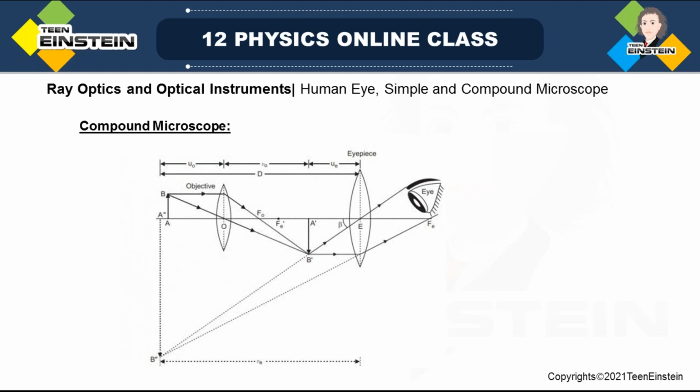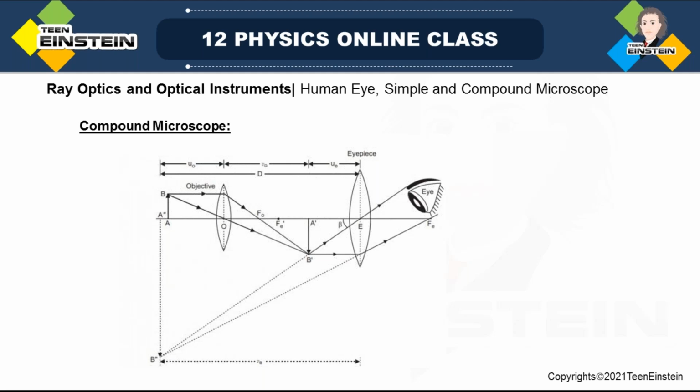Let me tell you what are the uses of this simple microscope. Watch makers and jewelers use this simple microscope, holding it very close to the eye, so that they can see a magnified image of the watch parts or very fine designs of the jewelry.